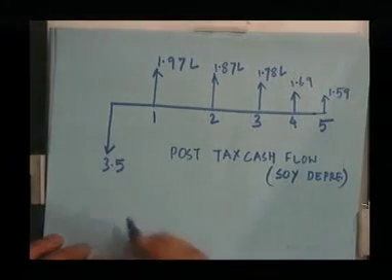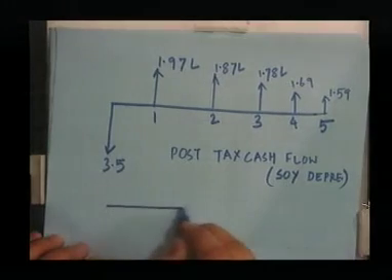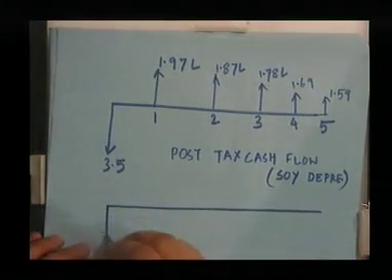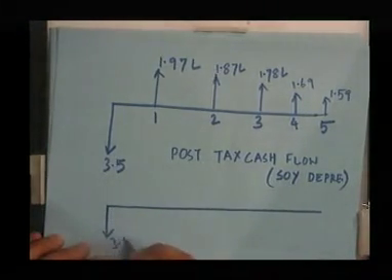So, I will draw this diagram for the double declining balance method also.